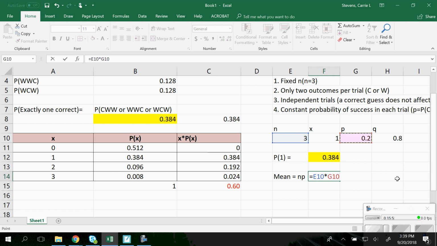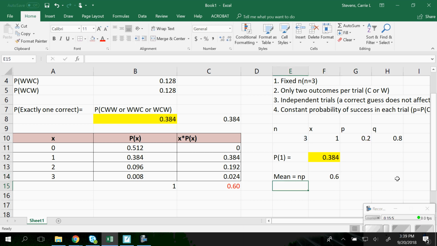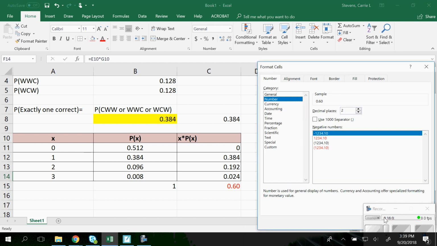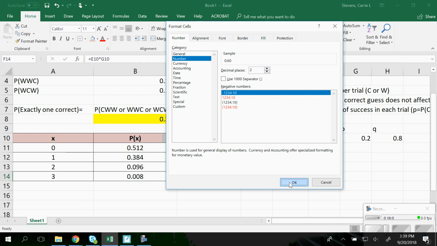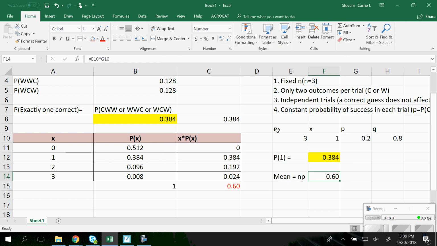I mean, it's not difficult math. You can already see it's going to be 0.6. All right, so we got the same answer here just by that simple calculation, which only works because these 4 requirements are satisfied for our random variable.